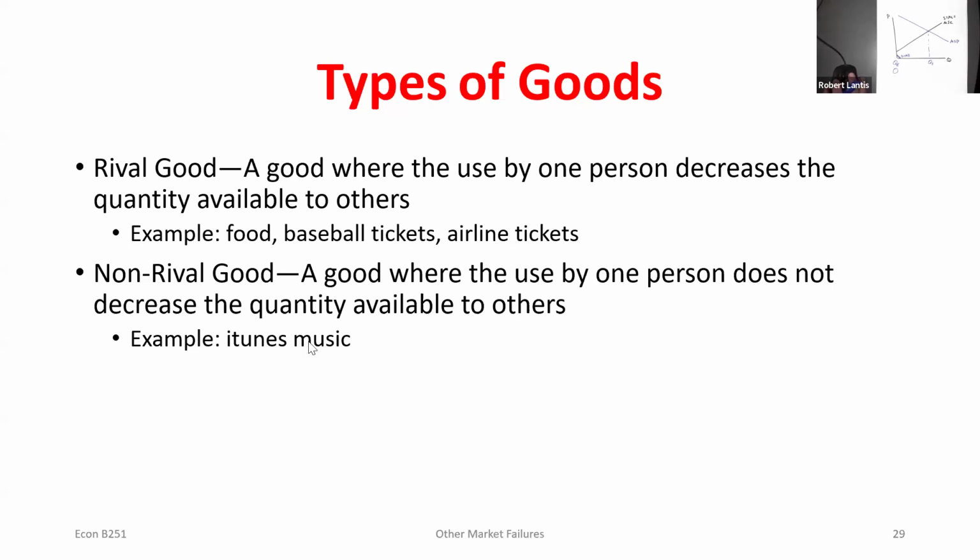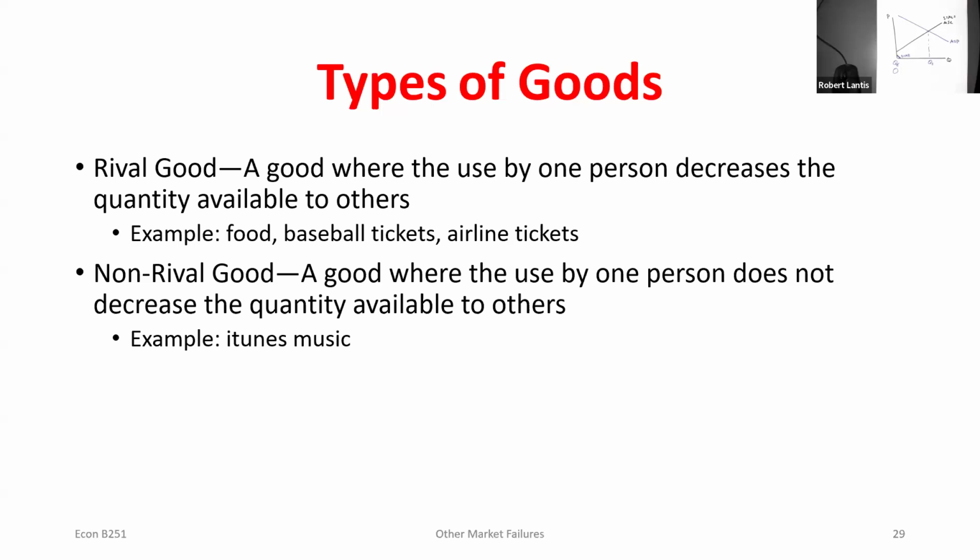Non-rival goods: if you go to iTunes Music and purchase a song, you buying a song doesn't prevent everybody else from also buying that same song, right? Or think about the internet service example. Yes, it's excludable, but once I pay for AT&T internet service, my neighbor can also buy AT&T internet service.